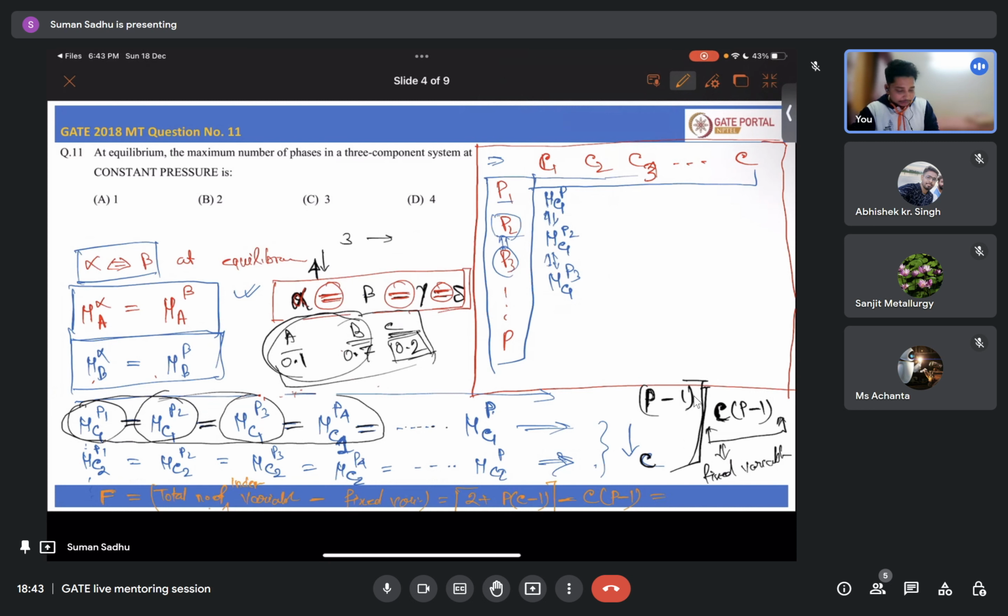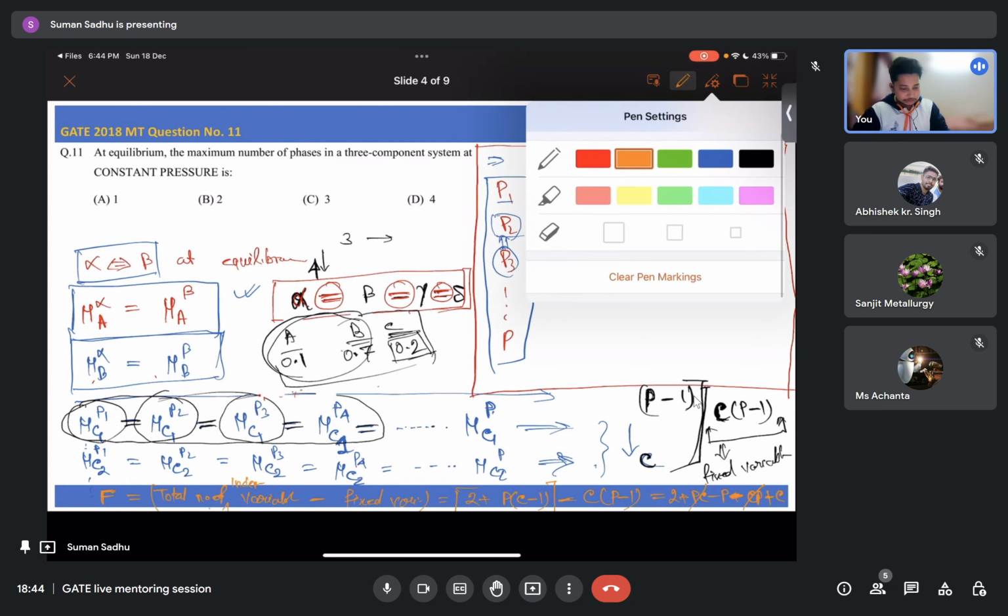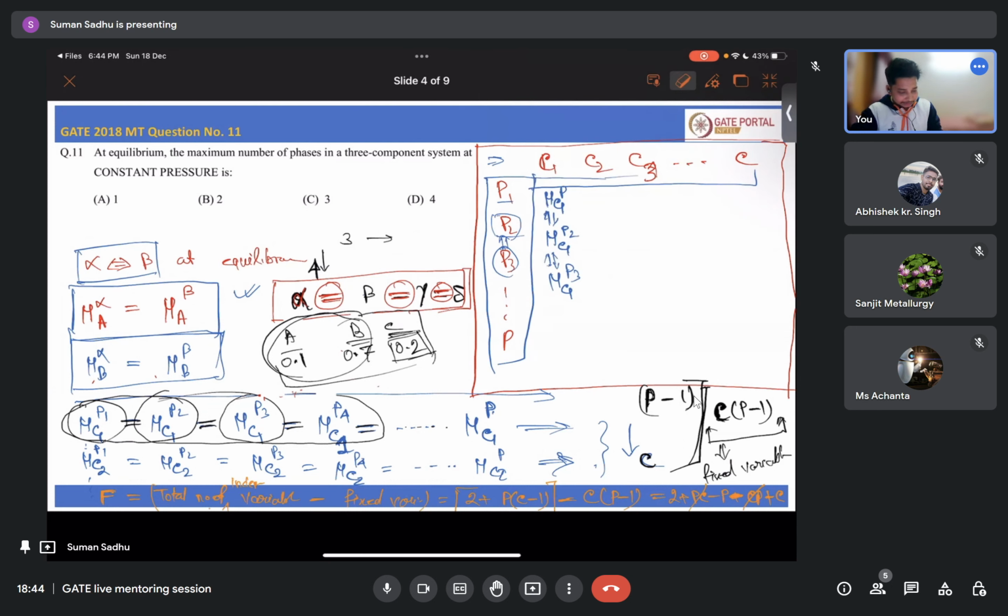So then your degree of freedom will be 2 plus PC minus P, minus CP plus C, and CP and CP will get cancelled out. I have to erase some part here.